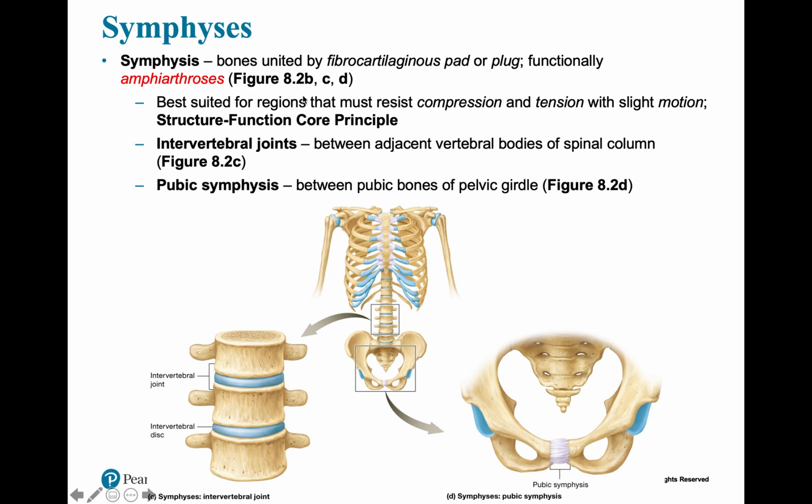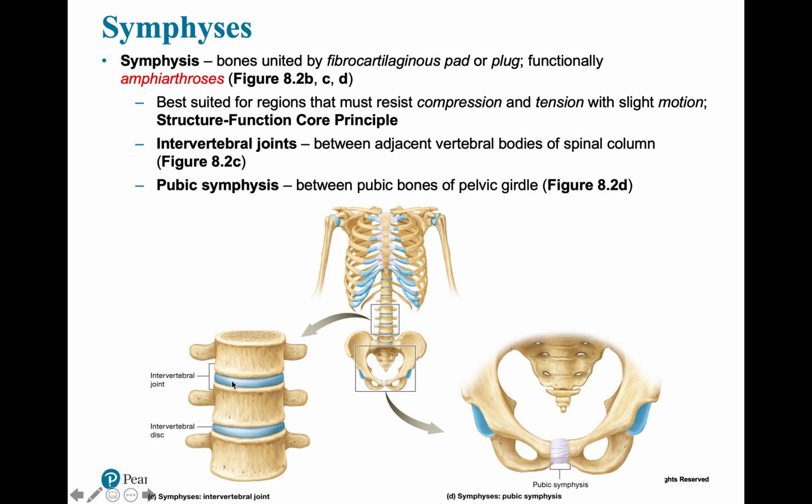All right, so if I were to give you intervertebral discs or a pubic symphysis, and I ask you to classify what this specific type of joint is called, you would say a symphysis joint. If I ask you to classify this joint or this joint based on function, you would tell me it's an amphiarthrosis joint, okay? Because it's slightly movable.